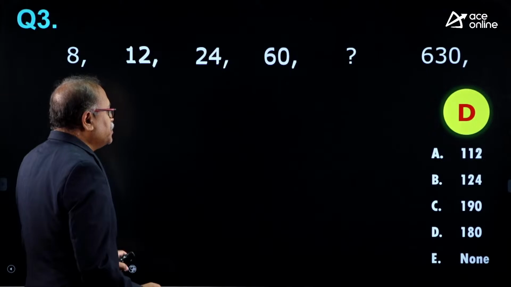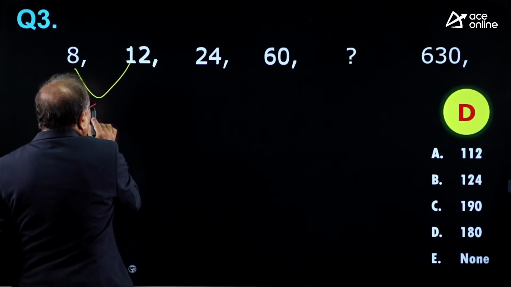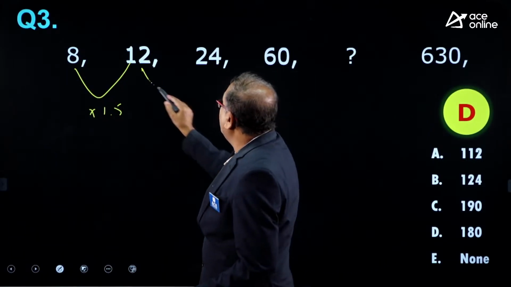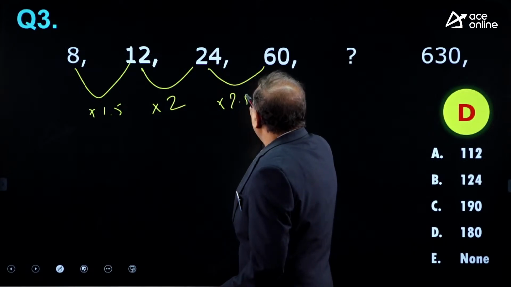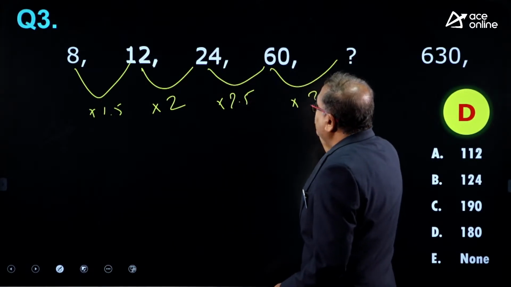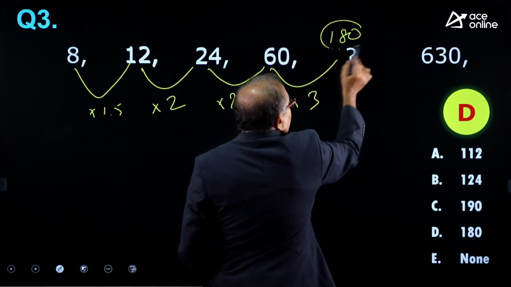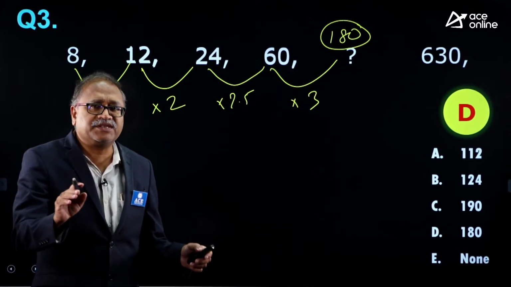You must have noticed that from here to here it is into 1.5. Am I right? And if I come over here, it is into 2, and from here to here it is 2.5. So, obviously, it should be into 3, and into 3 that comes 180. Your answer is correct, my dear friend. 10 questions every day, whichever chapter it is.